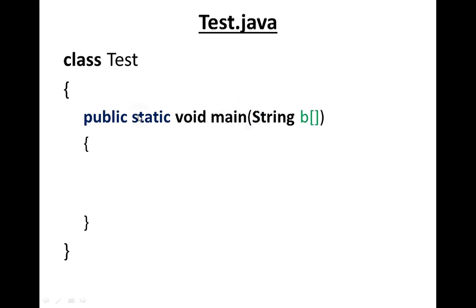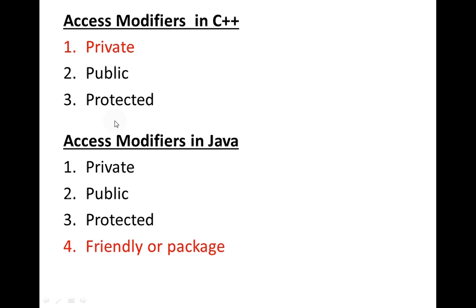Okay. So here what is public? Public is the access specifier or modifier. In C++ there are three access specifiers, namely private, public and protected. Private means only within the class, public means anywhere, that is, in the same class or from the derived class, whereas protected means from the immediate derived class only.